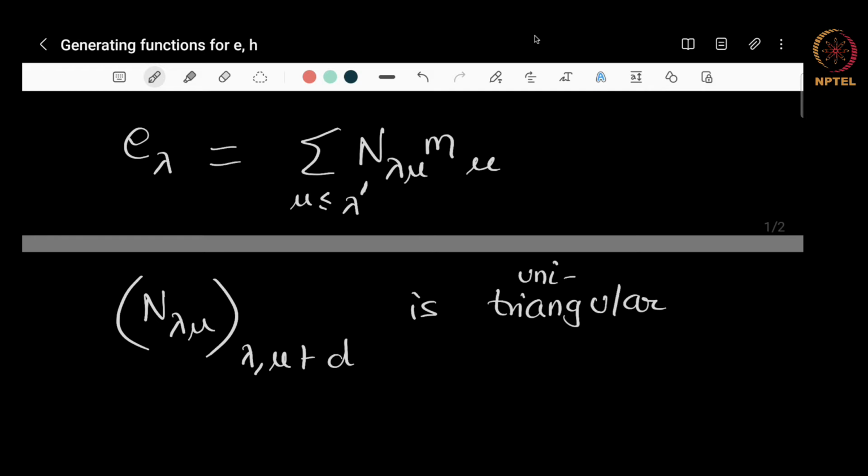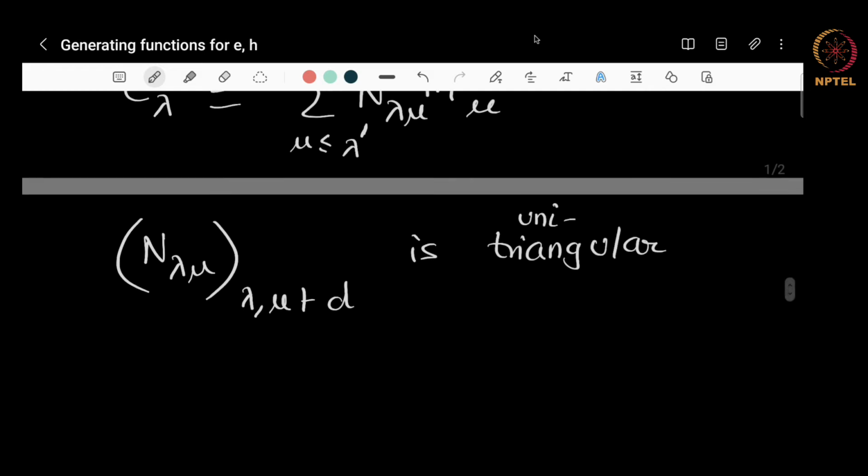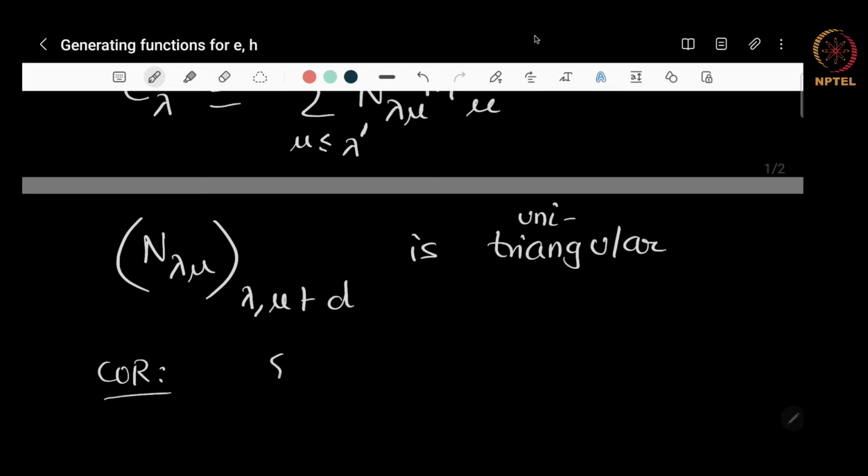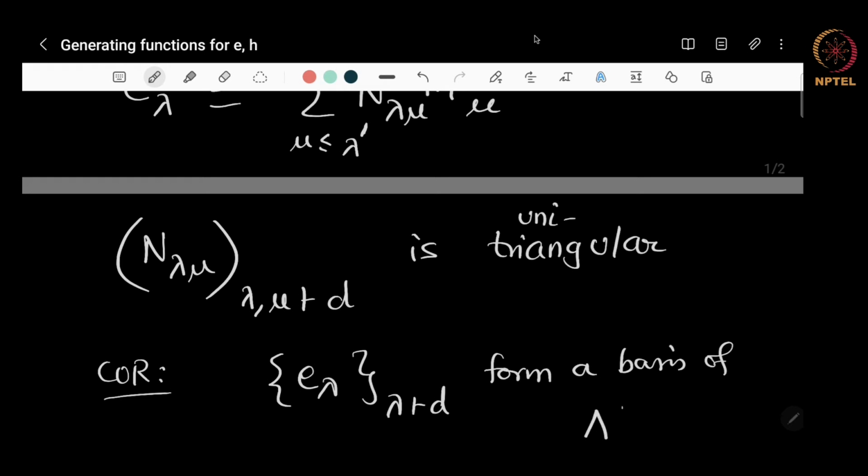In particular this means that this is an invertible matrix, and a corollary is that since the m mu's are a basis, the e lambdas also form a basis of the space of symmetric functions of degree t.